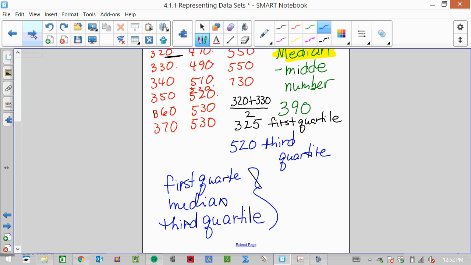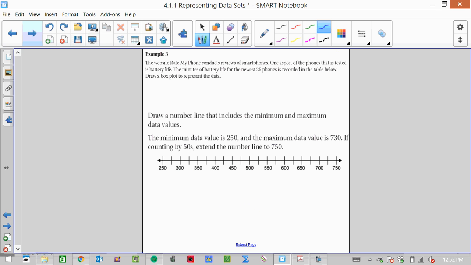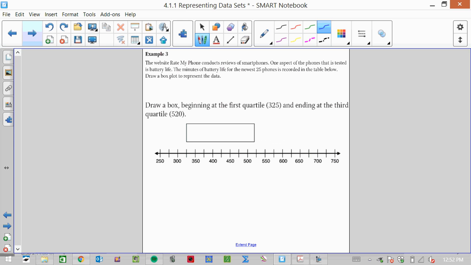So let's go through the steps of making that box plot. The first thing that we do, again, is make our number line like we had before, with our min and max. And then we draw a box beginning with the first quartile, 325. We draw a line. Our box ends with our third quartile at 520.